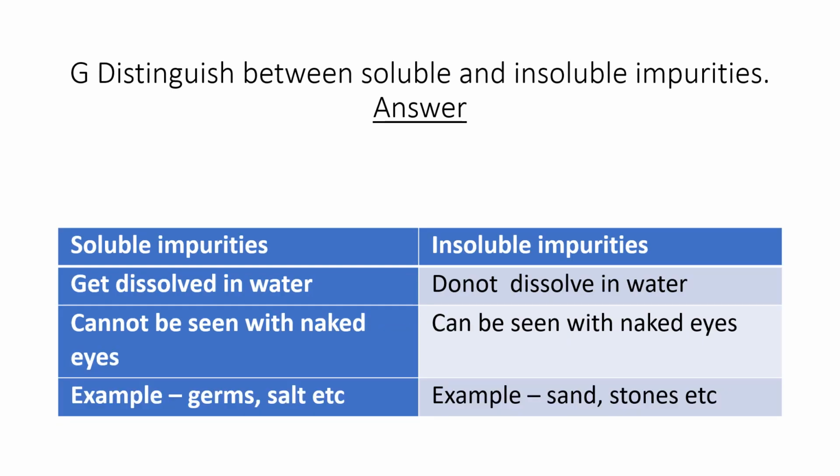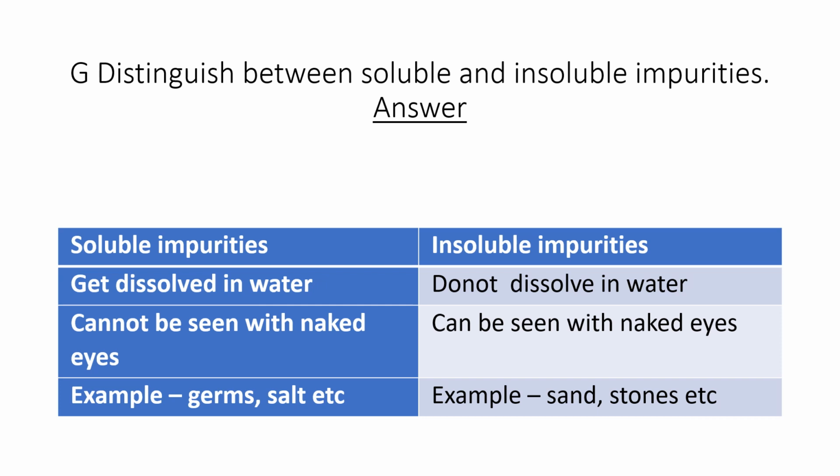Distinguish between soluble and insoluble impurities. Answer. Soluble impurities get dissolved in water. Insoluble impurities do not dissolve in water.